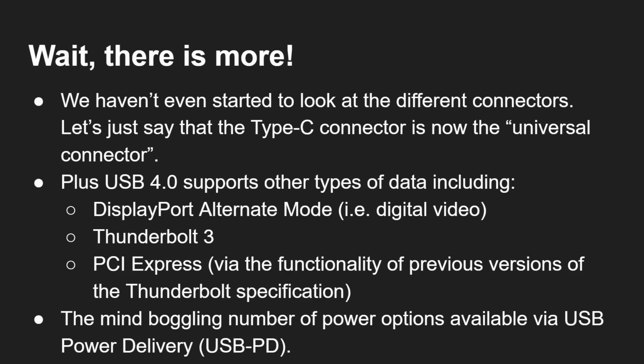And then on top of all that, which we're not even going to go into today, there's a mind-boggling number of power options for charging and for powering monitors and laptops and so on via the USB power delivery system. And we will just mention that briefly. There's one slide I wanted to show you, some logos that try to make some sense of all that, which I'll show you in a minute.